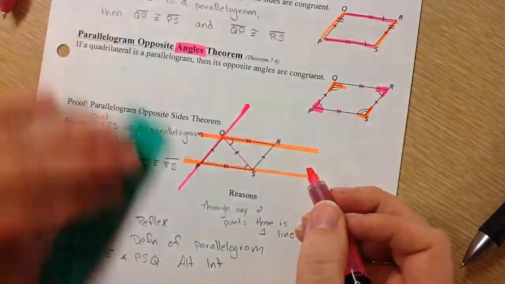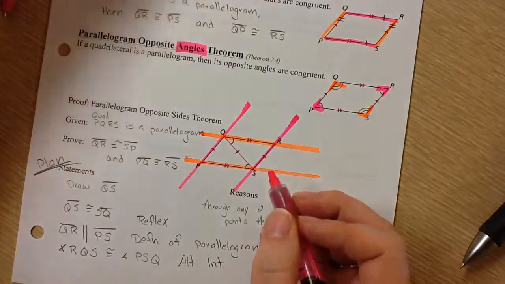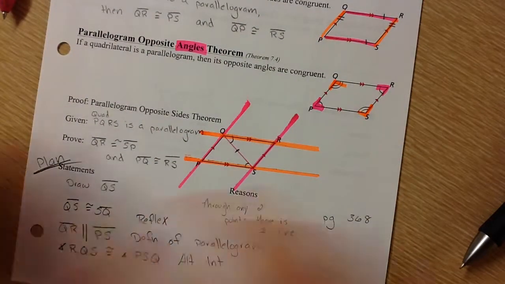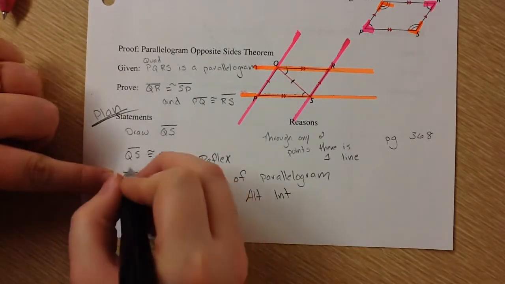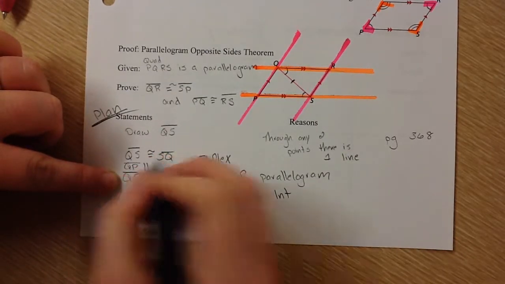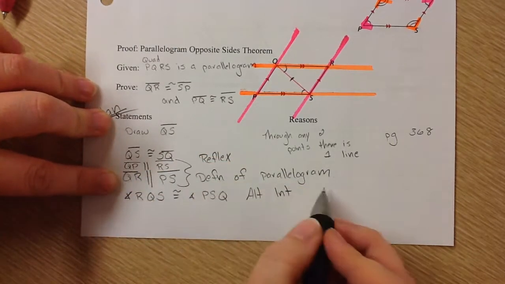My highlighters are smeary. Okay, we know those two pink lines are parallel, so we can put that back up here with this step. We know that QP is parallel to RS, again by definition of parallelogram.